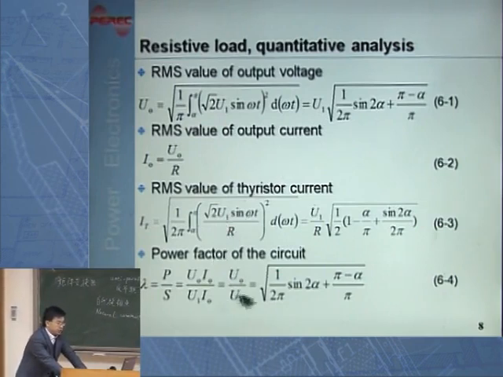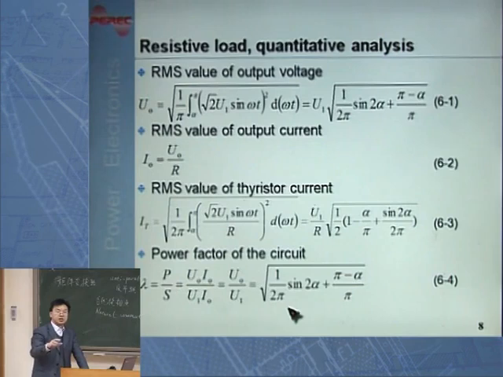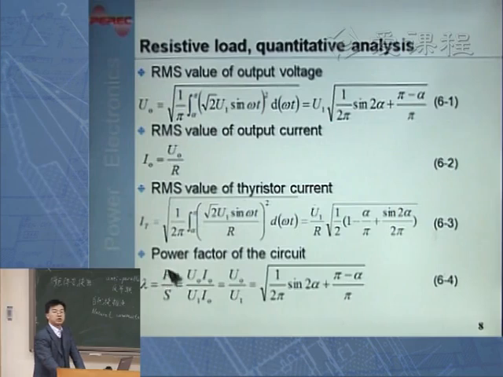Therefore, you can do Fourier series analysis. You can calculate how many harmonics will appear on the output voltage, and you can also calculate the power factor of the circuit. If you still remember, power factor is defined as the ratio of active power over apparent power.